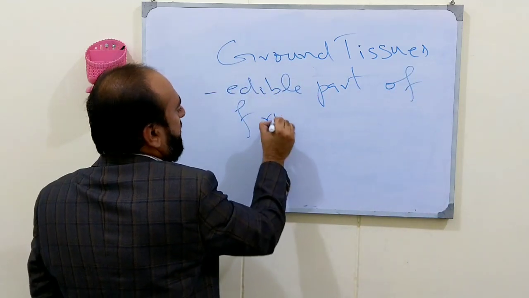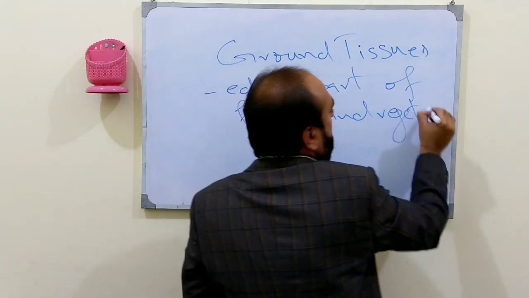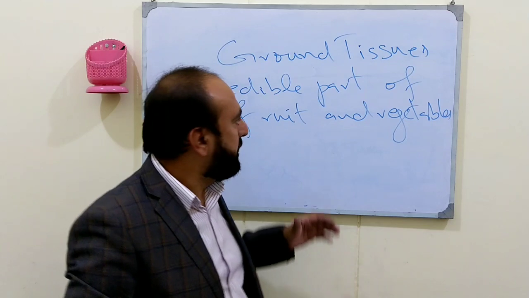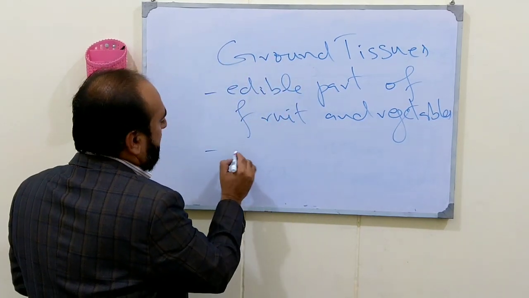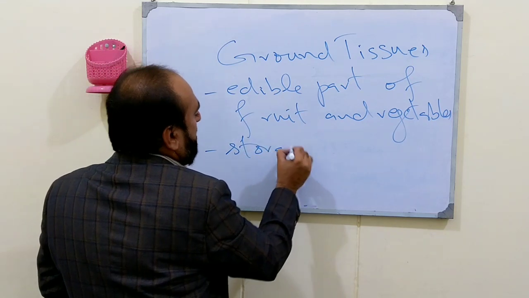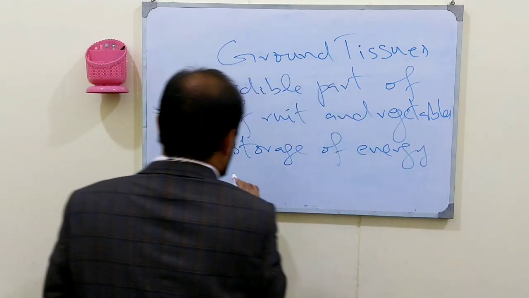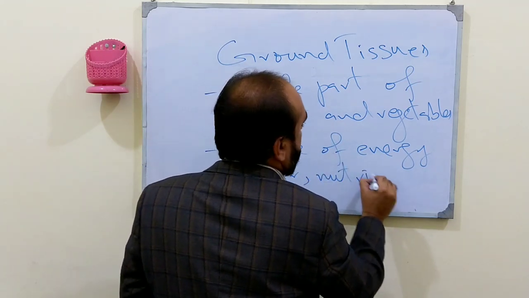Since they are bulk of the plant, so next time if you are eating a fruit, technically you may be eating parenchyma cells or parenchyma tissues. They are responsible for storage of energy, water and nutrients.